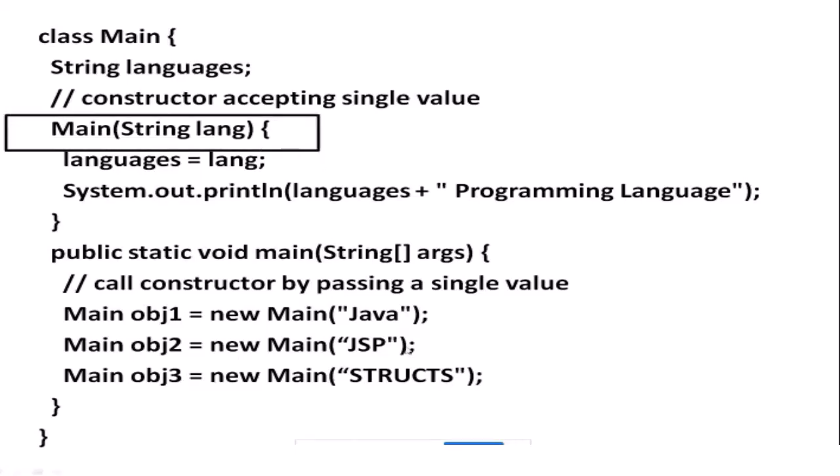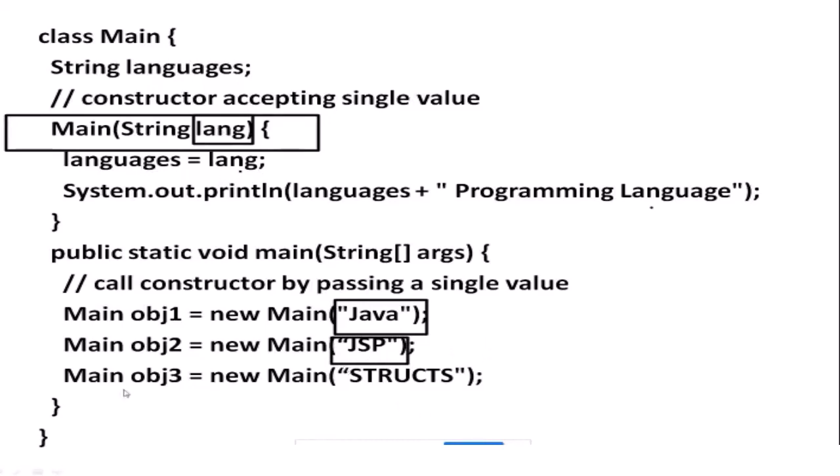Here we have declared Java. That Java will be taken as a string, then it is going to assign. So Java language is equal to Java. It is going to print Java. Next, here we have JSP. JSP language is equal to JSP. Then JSP will be printed.